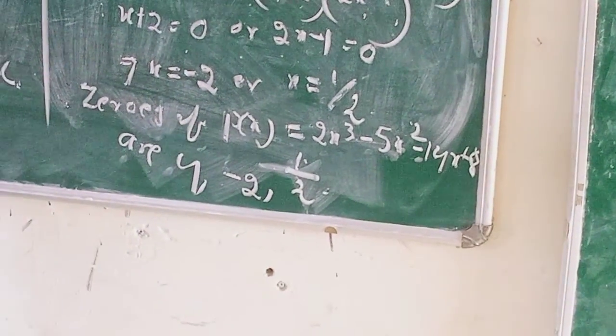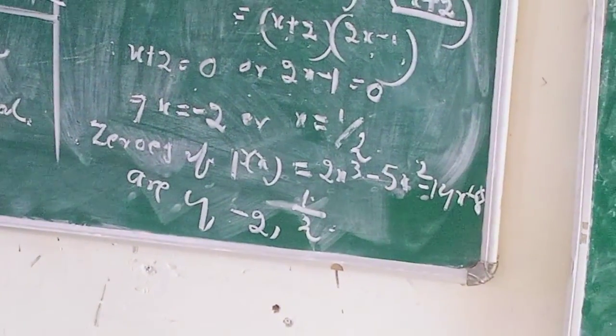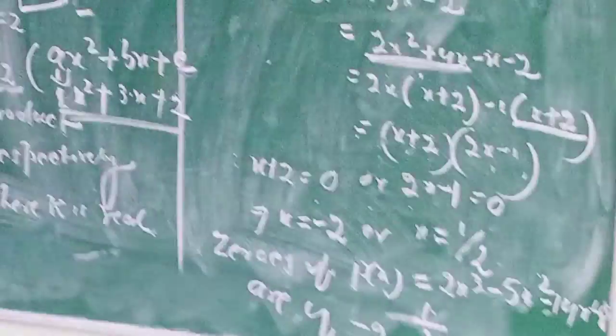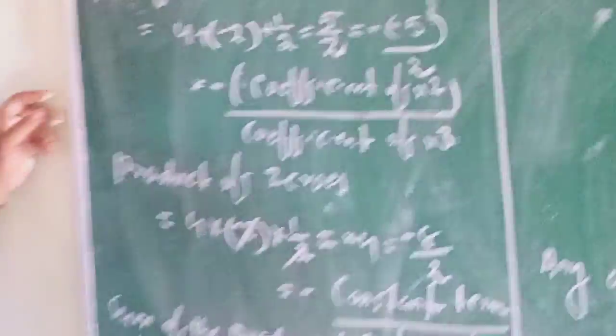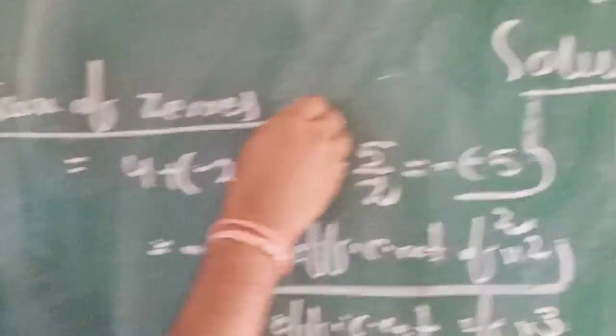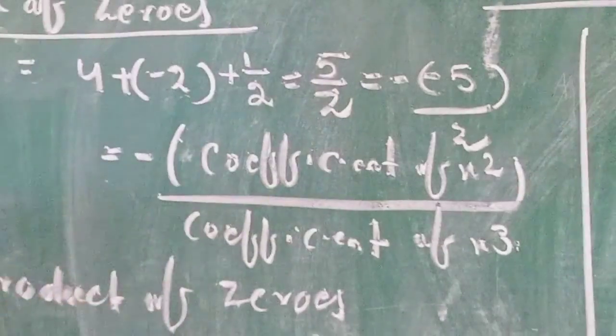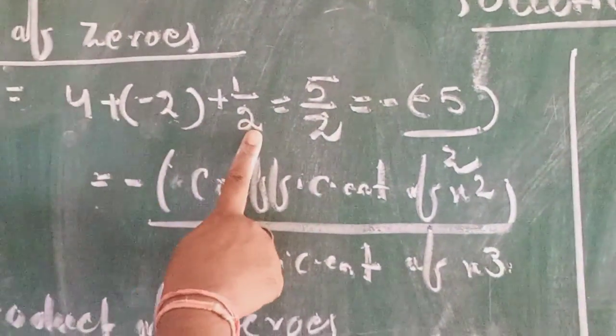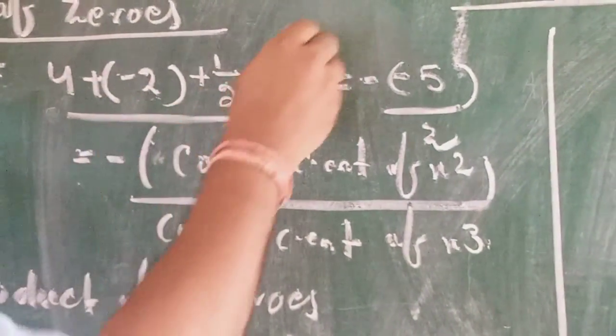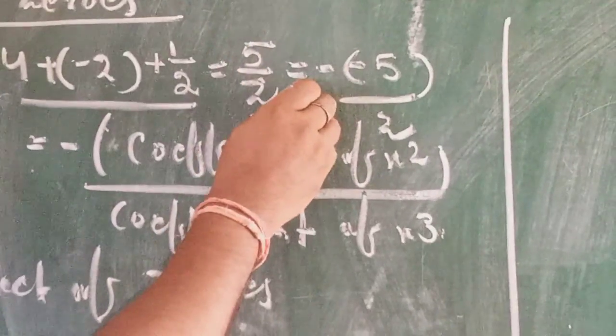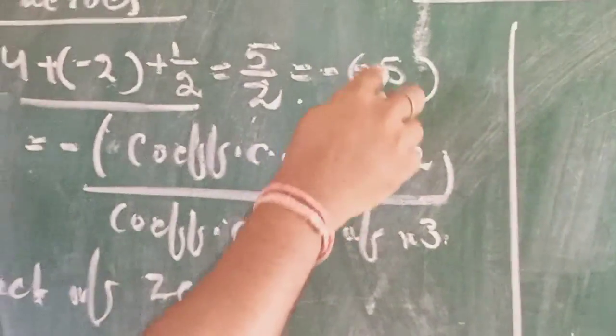Now we have to find the relation between the coefficients and zeros. Come to the sum of zeros: 4 plus minus 2 plus 1 by 2. If we solve this, it will come 5 by 2. 5 by 2 can be written as minus of minus 5 by 2.